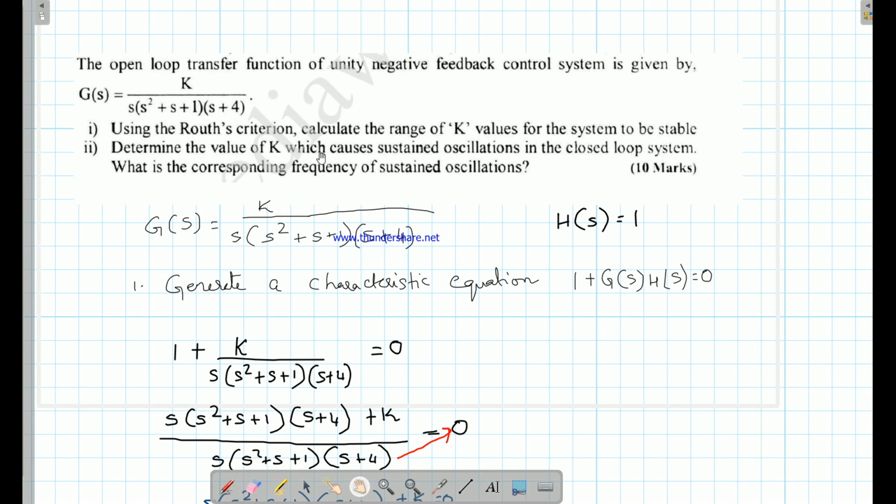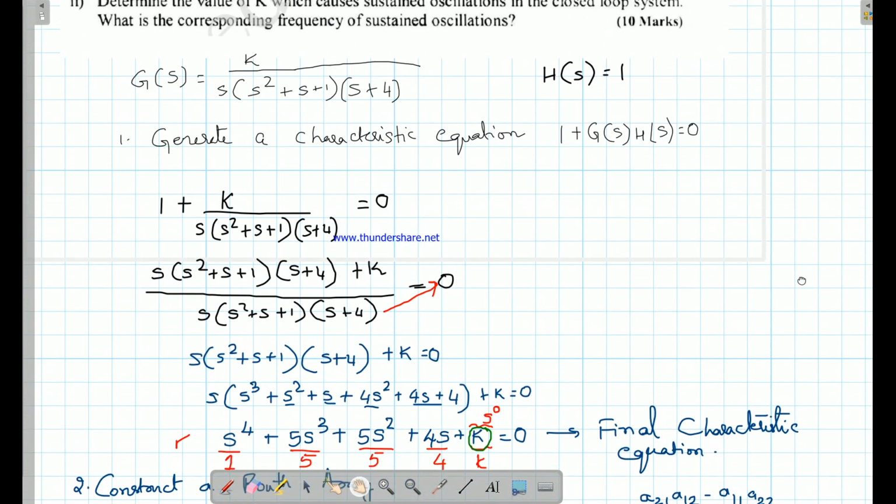Now determine the value of k which causes sustained oscillation in the closed loop system, and the corresponding frequency of sustained oscillation. For the second part of the problem, it's quite simple.